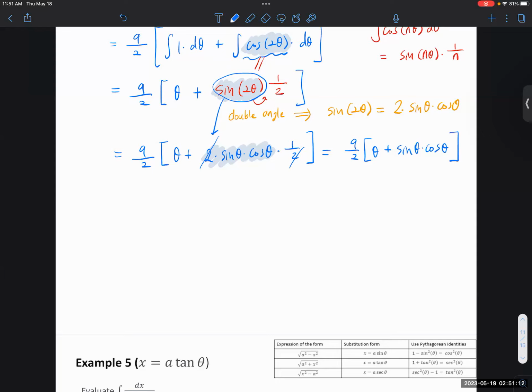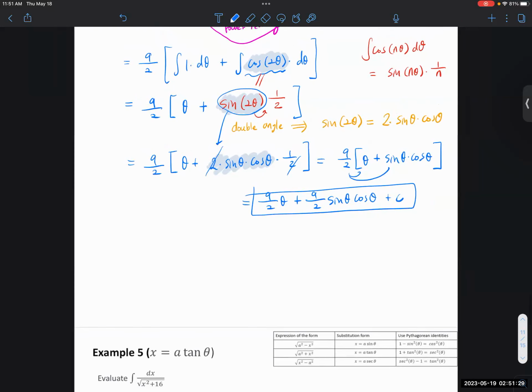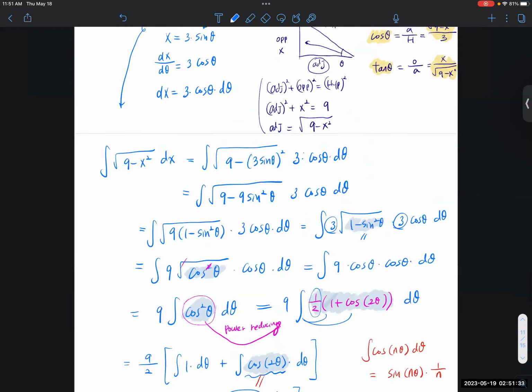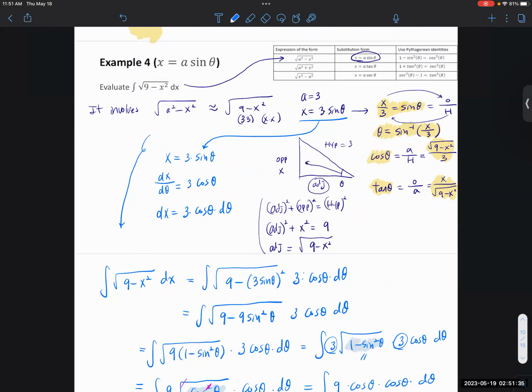And you can do 9/2 theta plus 9/2 sine theta cosine theta plus C. So this is the answer in terms of theta, but you can go back to the x variable because we know everything. I know what sine theta is, I know what cosine theta is, plug in back.